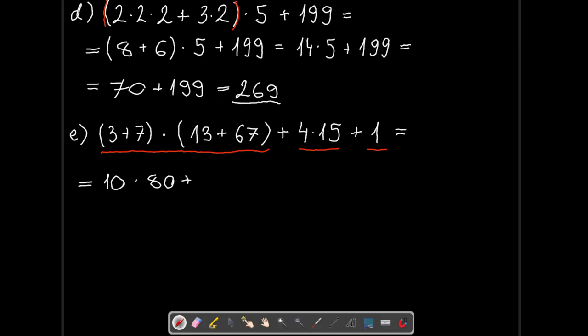Plus, okay, 4 times 15, that's 60, and plus 1. Great, now we're left with multiplication and addition. 10 times 80 is 800, since we just add another 0 to 80, plus 60, plus 1, and after adding these 3 numbers together, we get 861. Great.